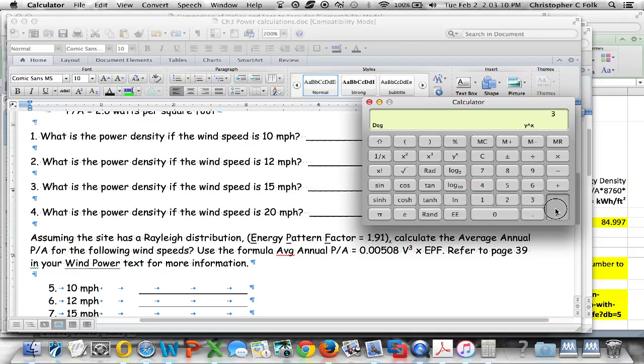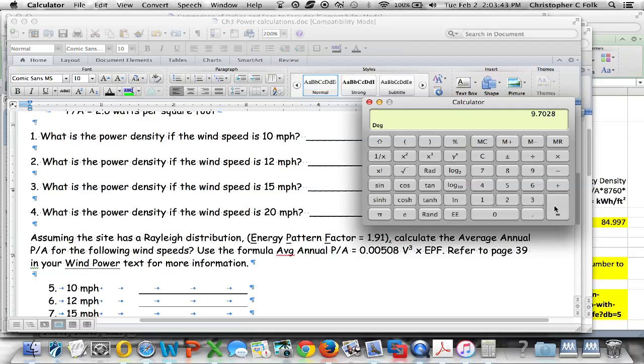When I hit equals, that shows me the answer for question number 1 here. We have to multiply that times the 1.91 times 1.91, and now we have our correct answer of 9.7 watts per square foot of rotor.